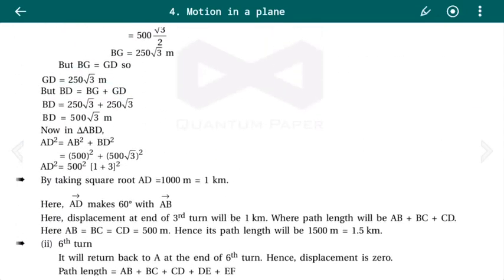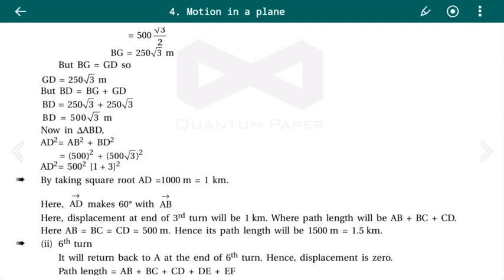It is 500 square plus 500 root 3 whole square, which is equal to 500 square into 1 plus 3. So AD is equal to 1000 meters, which is equal to 1 kilometer. Here AD makes 60 degrees with AB.